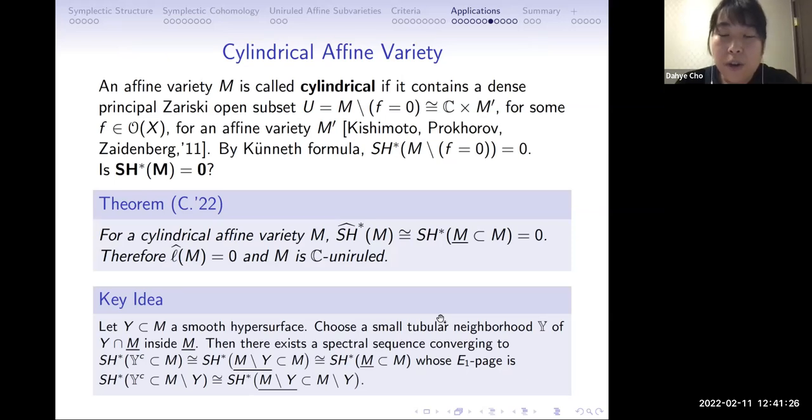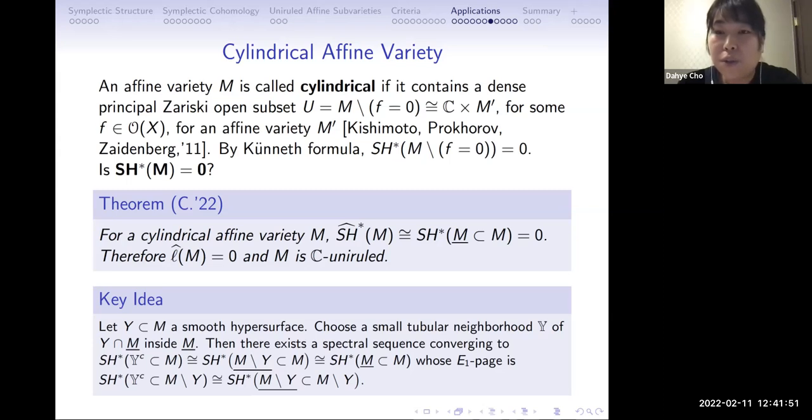We have a spectral sequence whose E1 page is the symplectic cohomology of M minus a hypersurface that is vanishing, so the resulting symplectic cohomology is vanishing. So a cylindrical affine variety has vanishing symplectic cohomology.